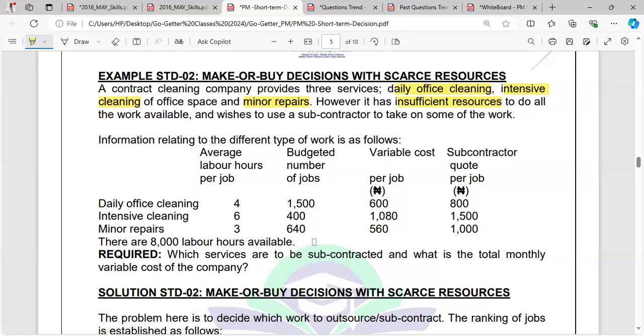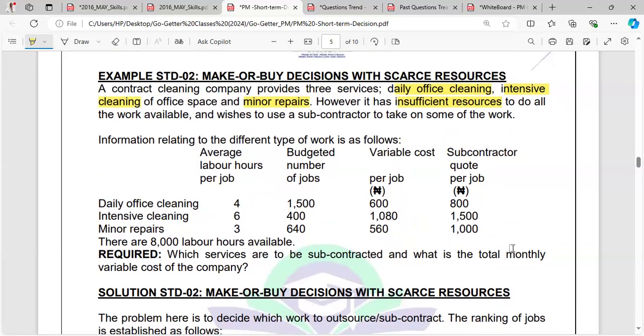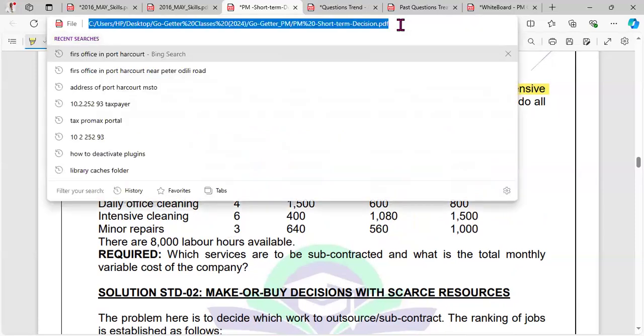So like we did in limiting factor, we will need to identify which one we are going to rank first, rank second. So we're going to activate the knowledge of limiting factor. So which services are to be subcontracted and what is the total monthly variable cost of the company? So I'm going to open this question here again so that we will see the solution.